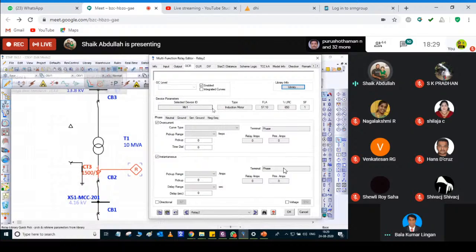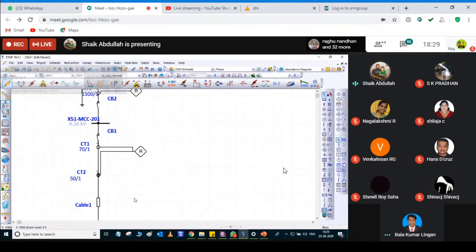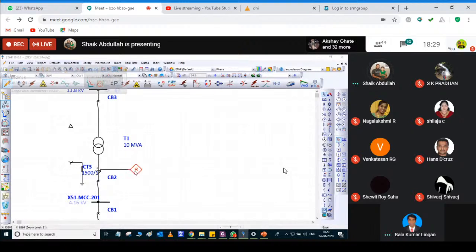The device parameter is still showing the default, it is considering your motor. It's not supposed to be like this actually.